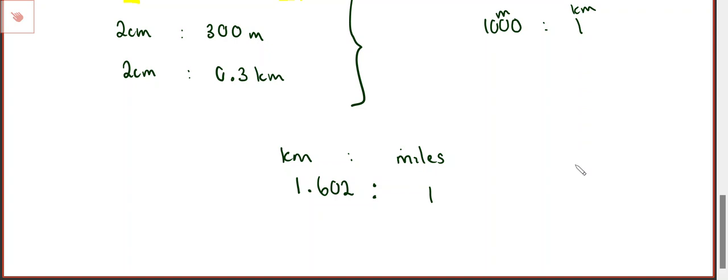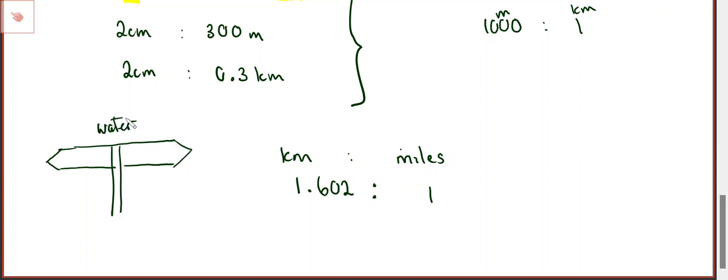There's a funny joke on the internet that I've seen, which is a signpost like this, and the sign says water, and you've got a man crawling, he's really thirsty, and it says water 1 mile or water 1 kilometre.